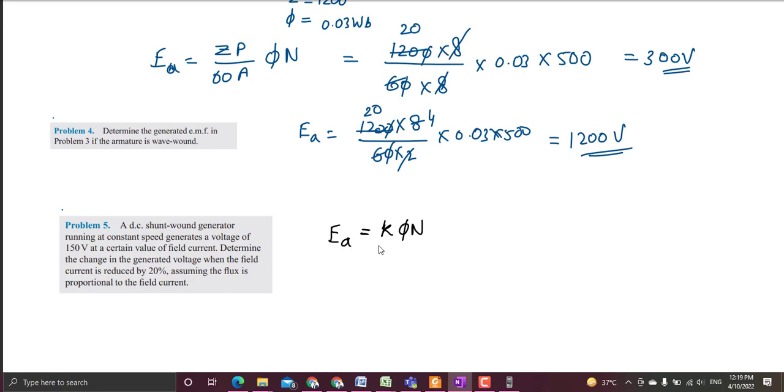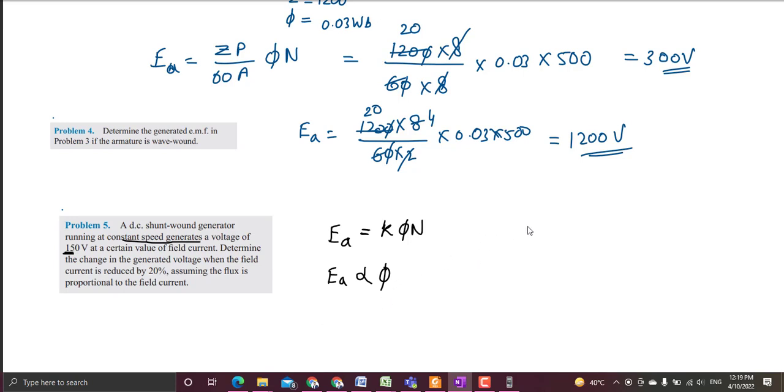So this EMF is directly proportional to the flux and the speed. Here the generator is rotating at a constant speed, so EA is directly proportional to phi only.